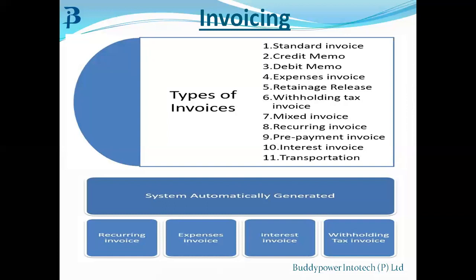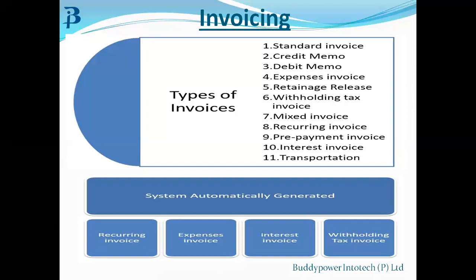Then you have the interest invoice. When we make a payment after the due date has been crossed, that is a penalty. So interest is basically your penalty, which is applicable. The system will create one invoice for only the interest portion of that amount.